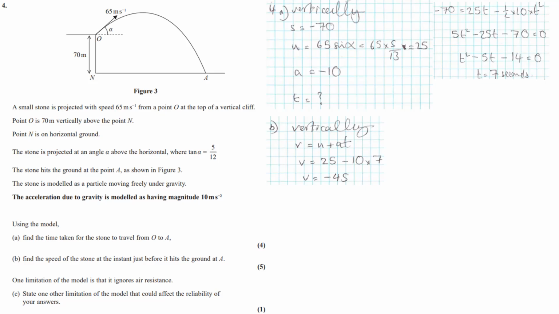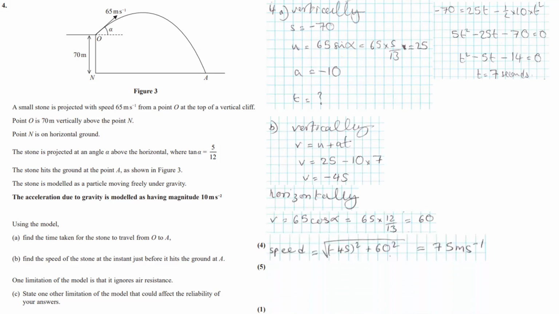Horizontally, remember, the velocity stays constant because there's no acceleration horizontally. So I said v is equal to 65 cos alpha. Cos alpha was 12 over 13, which came to 60. And you've probably guessed by now we're going to do a Pythagoras calculation to work out the speed at that point.